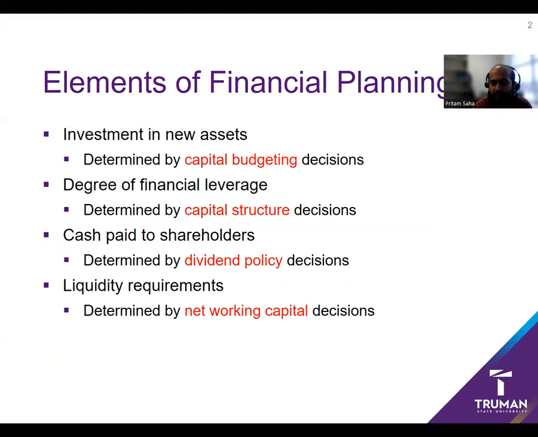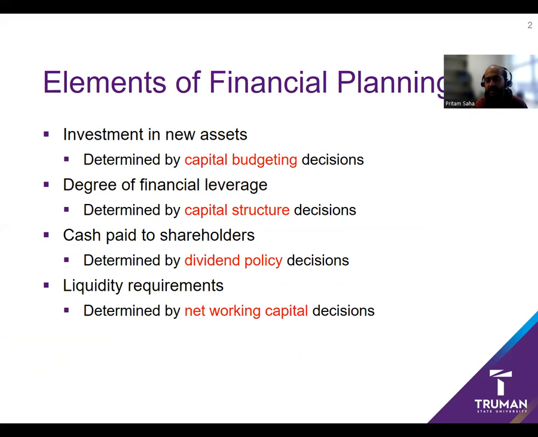For financial planning, there are some key components we need to understand. We have to think about the future: do we need to invest in any new fixed assets? This is a capital budgeting decision. If we need to invest in new fixed assets, where will we get the financing? How can we source that financing? This is a capital structure decision.